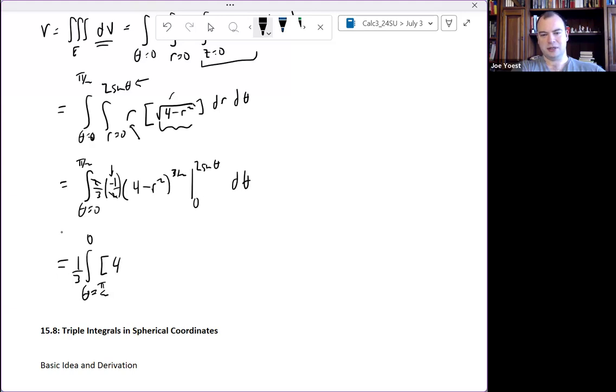That's 4 minus 4 sine squared theta, and that is all to the 3/2 power. So yeah, 4 times 1 minus sine squared theta to the 3/2 minus, when I plug in r equals 0, be careful here. It's easy to get a little careless and just think that the second part is 0, but it's really 4 minus 0 to the 3/2. And I guess I need curly braces to go around all of this.